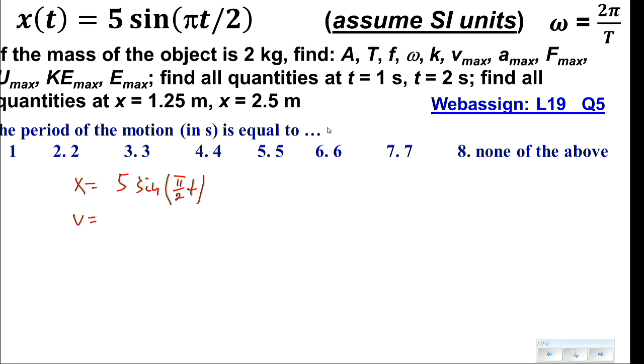Velocity. First of all, we need to imagine what should be happening to this guy. It's very important. So we have to sketch a graph, x versus time. To sketch a graph, we need to know the properties of sine. It starts from 0, initially is positive, goes back to 0, negative. This is one period.